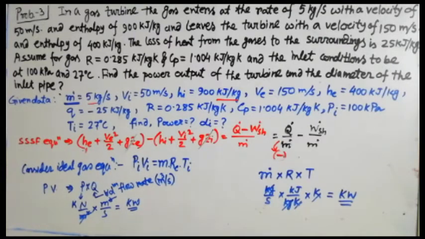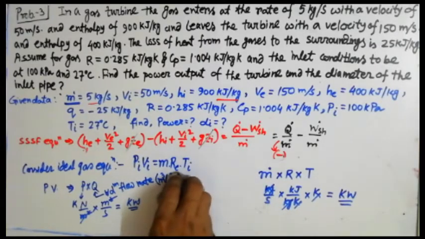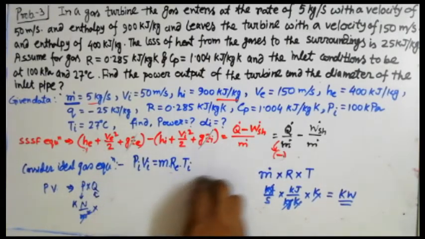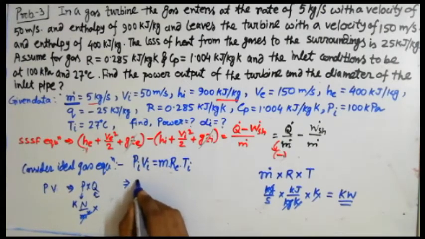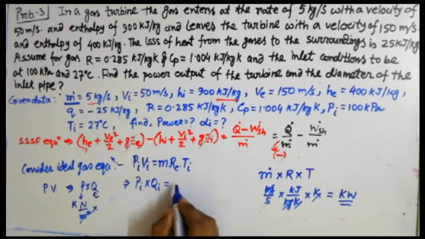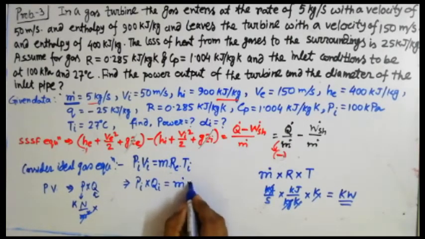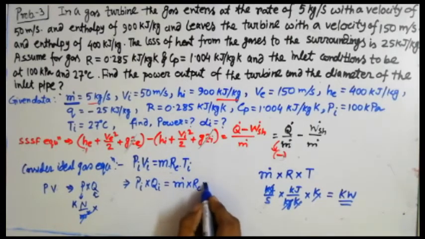That is how I am clearing it, and why I change the equation to this form: Pi into Qi equals M dot into Rc into Ti.